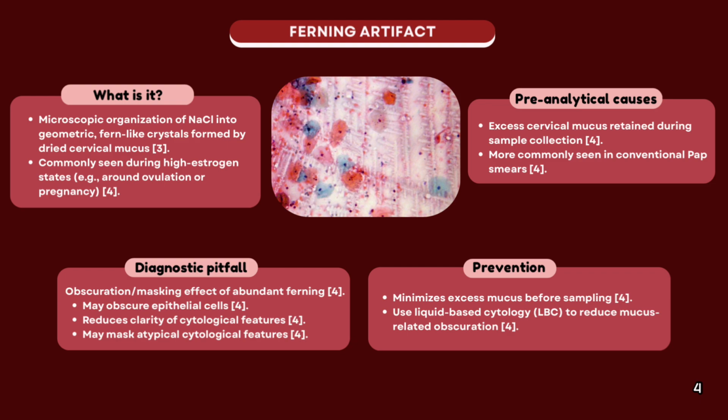When ferning is abundant, it may obscure epithelial cells, reduce cytological clarity, and potentially mask atypical features, creating difficulties in interpretation. To minimize this effect, excess mucus should be reduced before sampling, and liquid-based cytology (LBC) can be used to reduce mucus-related obscuration.